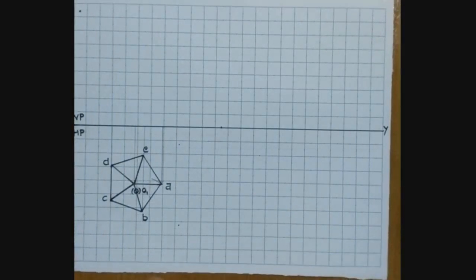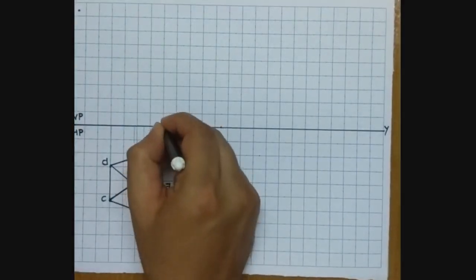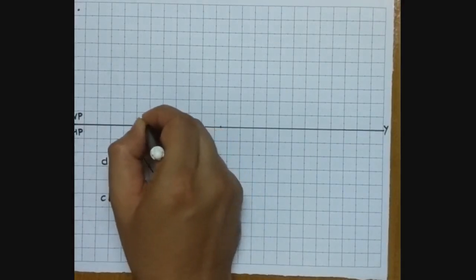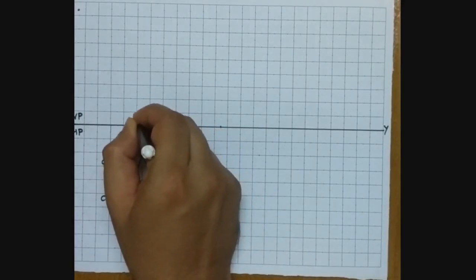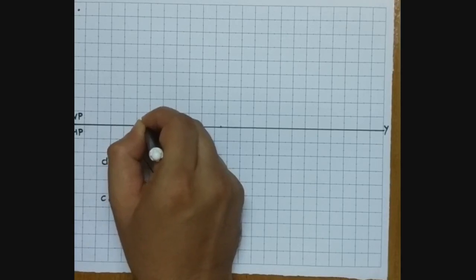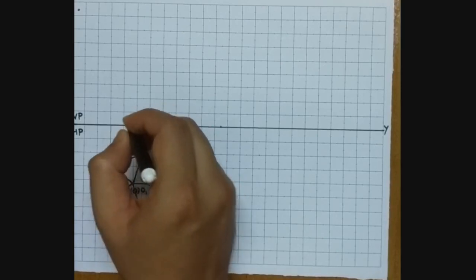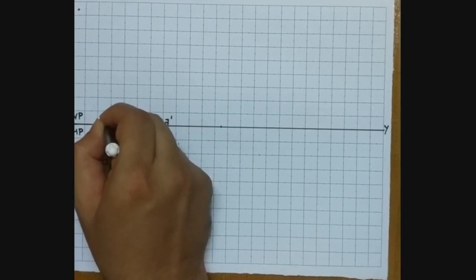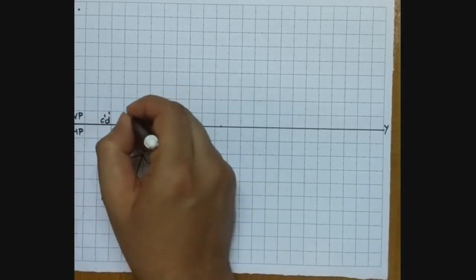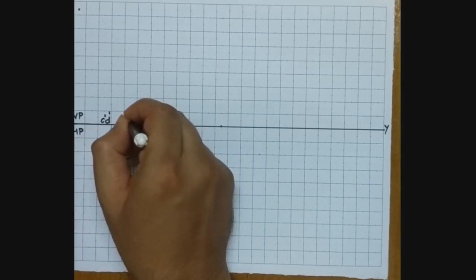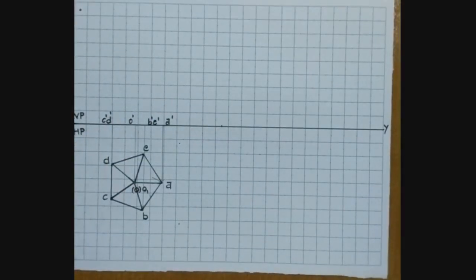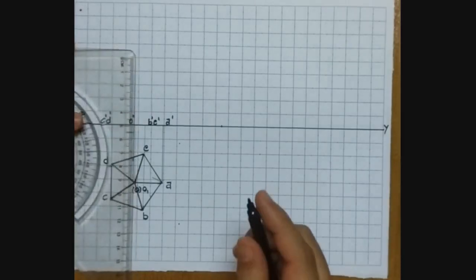So now this is point A dash, and this is B dash and E dash, and this is C dash and D dash, and this is O dash.